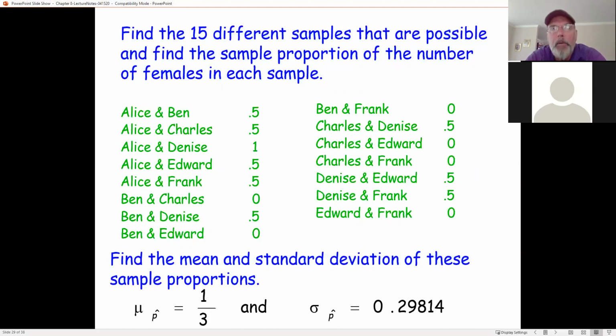Now, how about if I were to take this silly example and increase the sample size from 2 to 3? What is the variation going to do? What is the standard deviation going to be, lower or higher? Go ahead. If you increase the size, wouldn't the variation decrease? That's exactly right. We don't necessarily need the value, but we will say that it's lesser than 0.298.